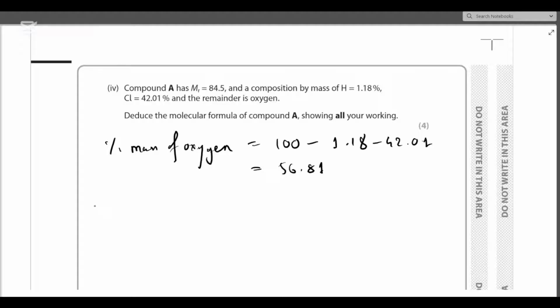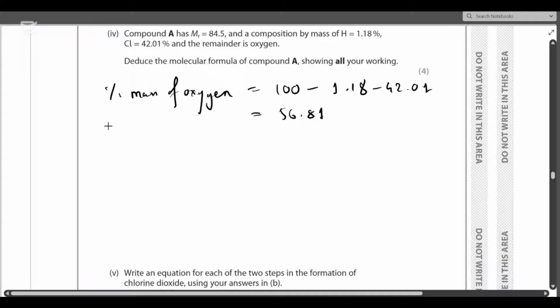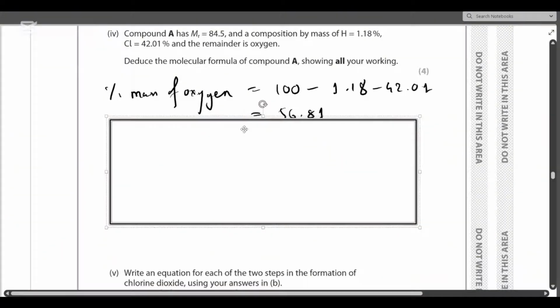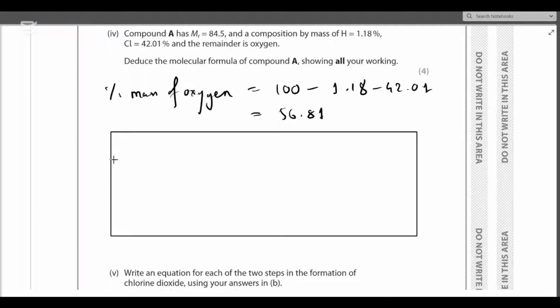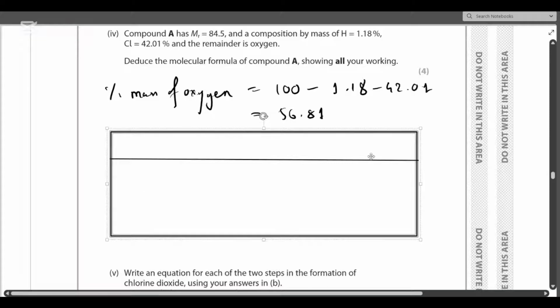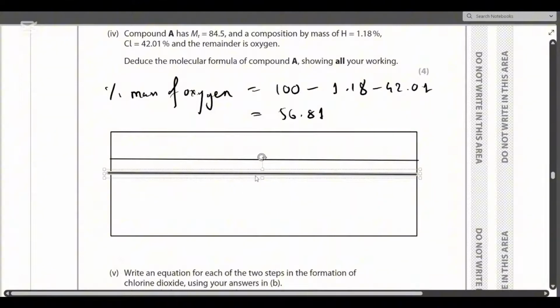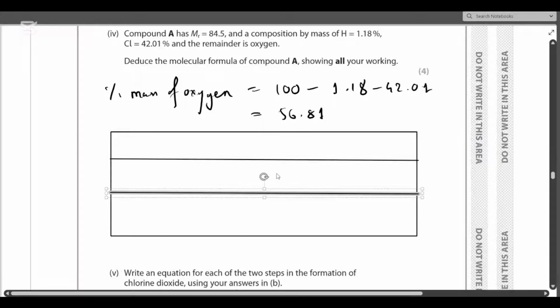Now we can draw a table, basically something like this, and you can easily do the math down here.